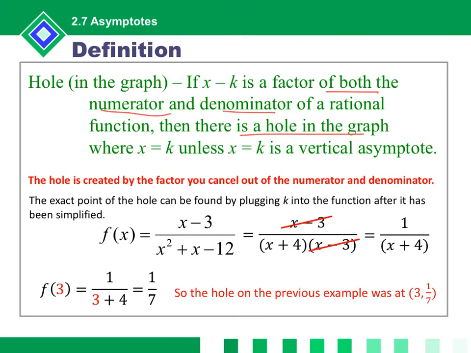So here, if I want to know the specific location of the hole so that I can include it in the graph, I can substitute 3 into the simplified function, this one. And when I do that, this is how I work it out, and I get 1 over 7. So the coordinates of this hole are 3 and 1 over 7.